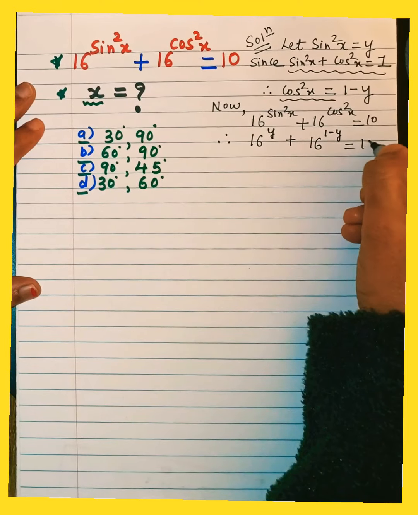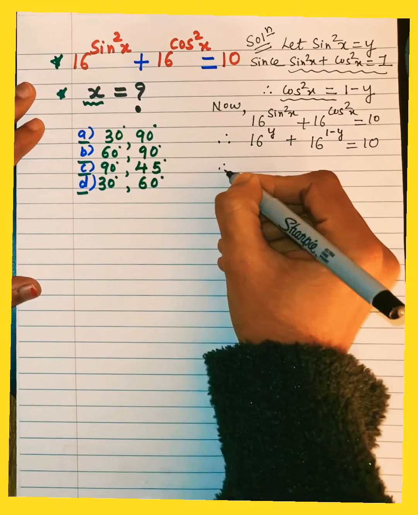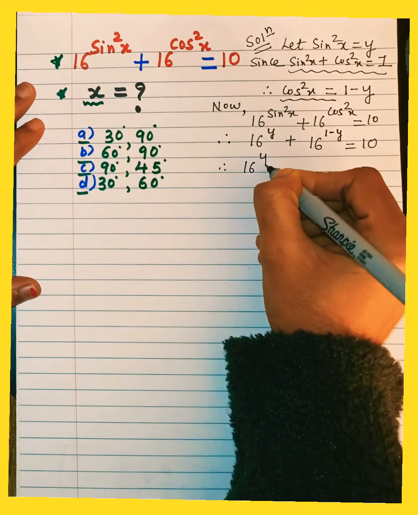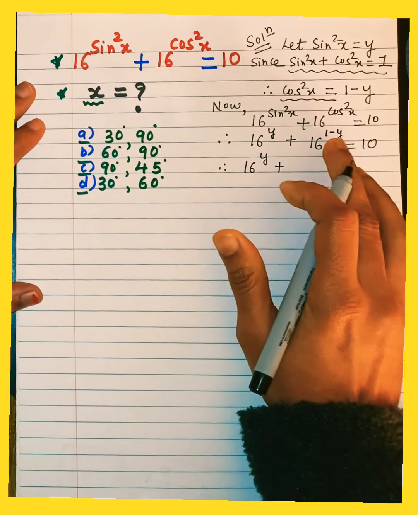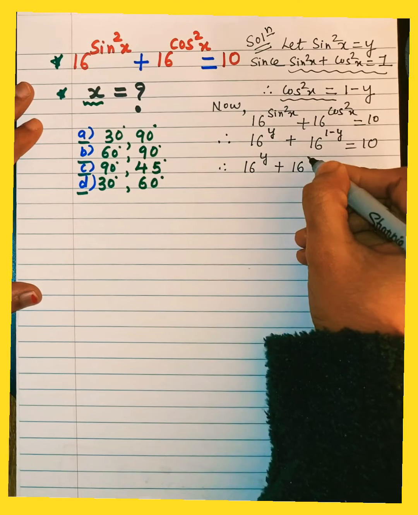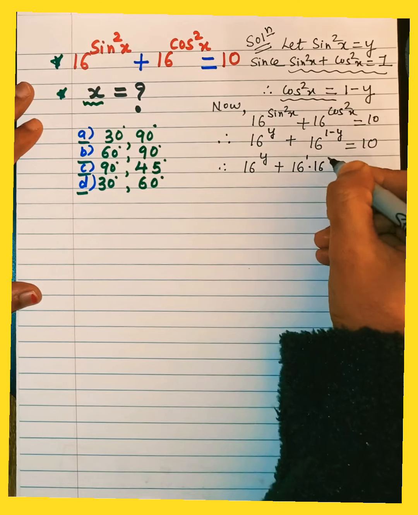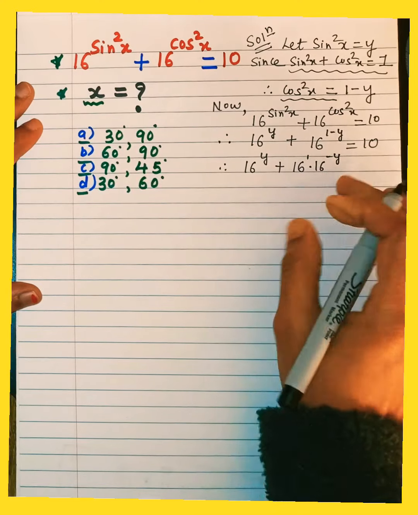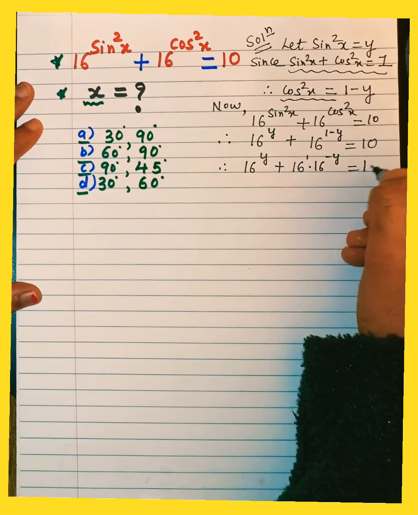And this part is equal to 10. Now further, 16 raised to y plus 16 raised to 1 minus y can be separated. You can write it as 16 raised to 1 into 16 raised to minus y. So this I am separating, equals 10.